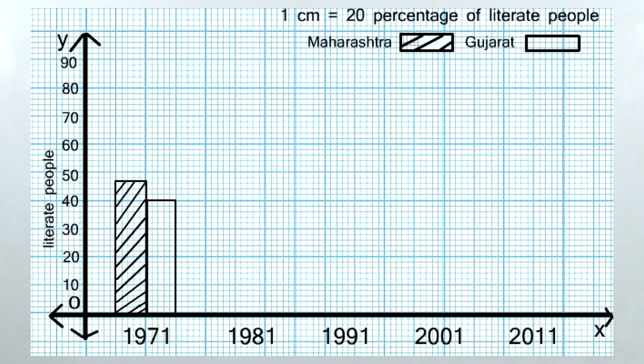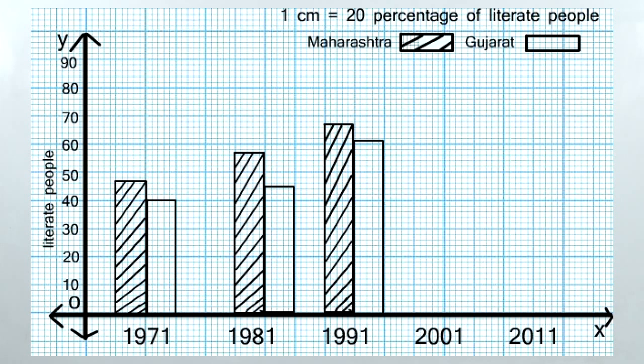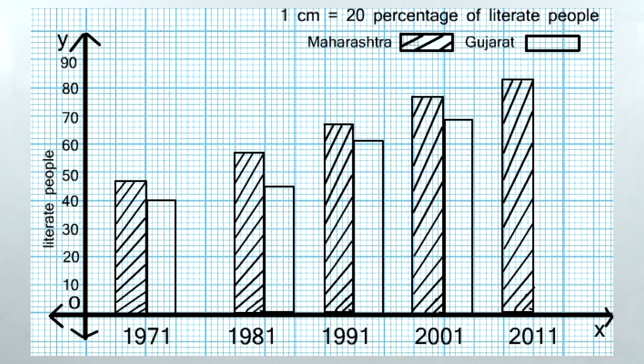Next 1981, Maharashtra 57, Gujarat 45. Next 1991, Maharashtra 65 and Gujarat 61. 2001, Maharashtra 77, Gujarat 69. 2011, Maharashtra 83, Gujarat 79.